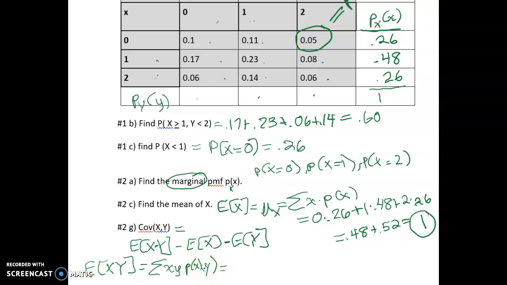So for example, 0 times 0, x equals 0, y equals 0, times the probability that x equals 0 and y equals 0, 0.1. Notice there's going to be lots of zeros because there are lots of zeros in this table, right? So I'm going to keep going until we get to something where we get a product that is positive. So like 1 times 1.